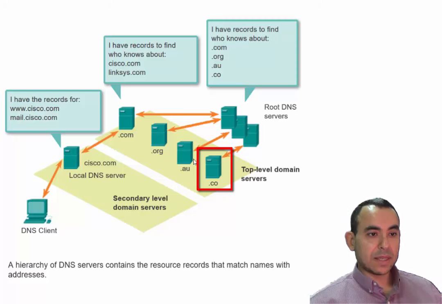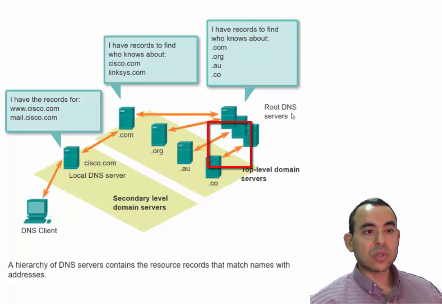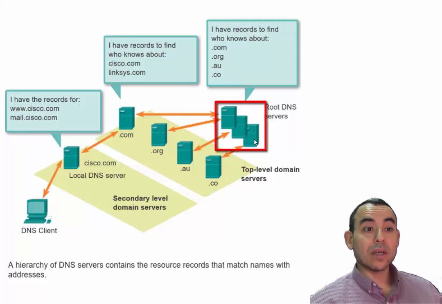And if the DNS server in the top level domains does not have this information, then it sends to root DNS servers, which are hosted by tier 1 service providers. These tier 1 service providers offer root DNS servers which contain information about how to get the IP address that corresponds to any domain name on the internet, or at least they know where to get it.